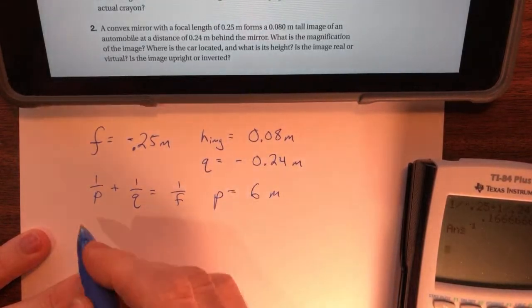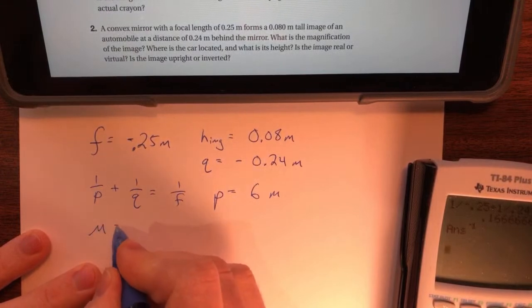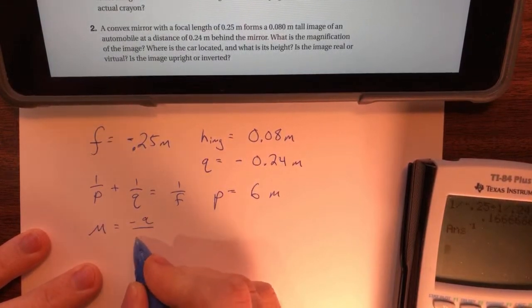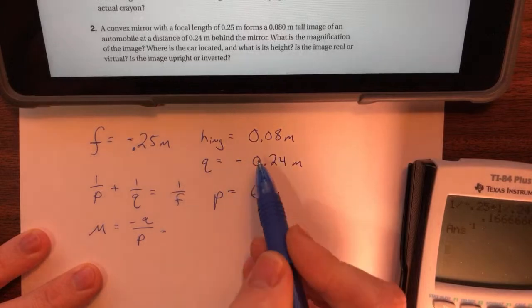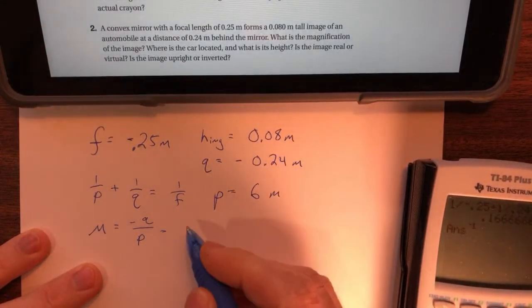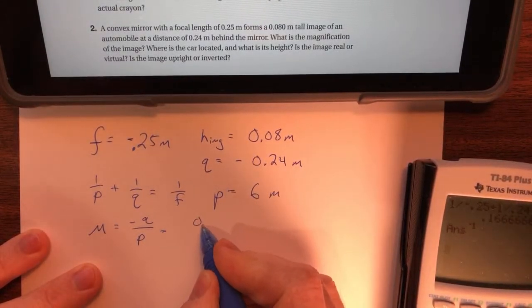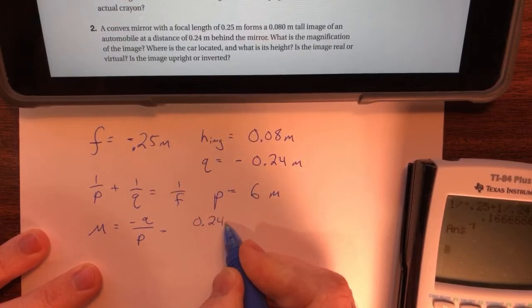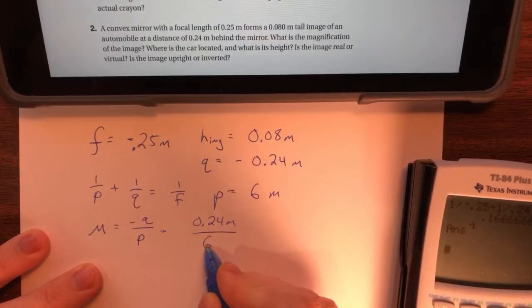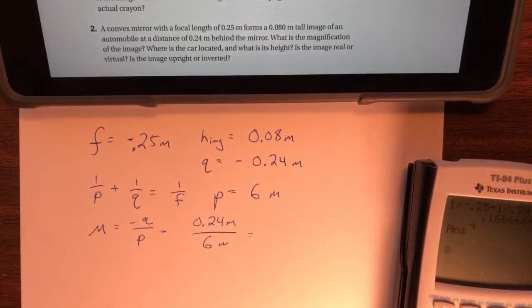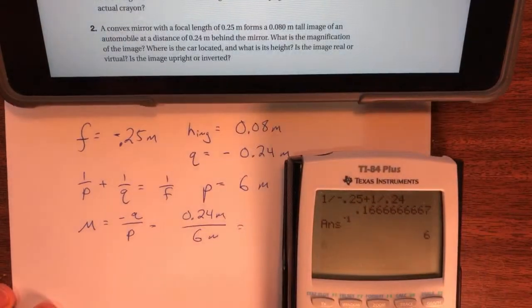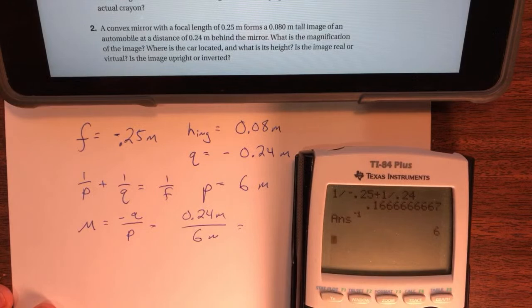Now, once you have this, you can calculate the magnification. Magnification is going to be negative q over p. So negative and negative is a positive: 0.24 meters over p, which is 6 meters. Meters over meters cancel. This is going to be a fairly small magnification, which we'd expect for a convex mirror, where something appears further away than it really is.